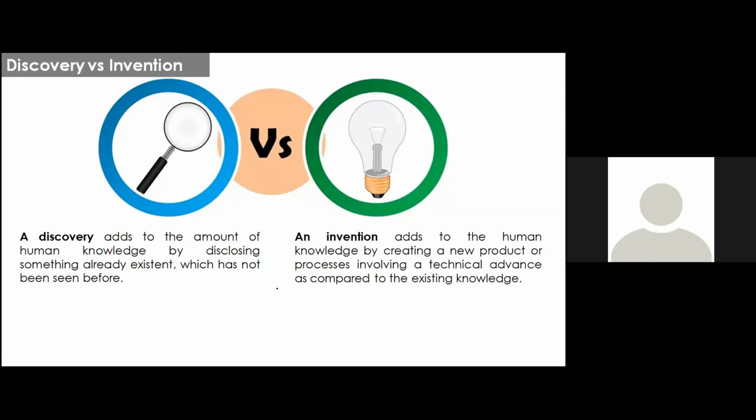Discovery cannot be patented and invention can be patented. If the end product or the conclusion of the discovery helps in achieving a particular article or process, then it can be patented. However, invention can always be patented. I hope the distinction is very clear.